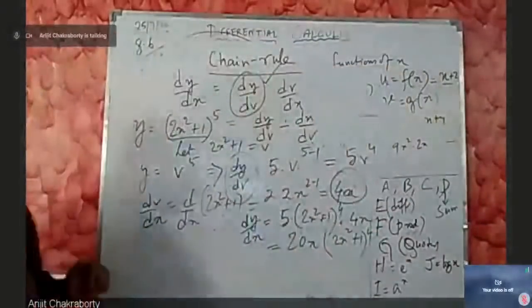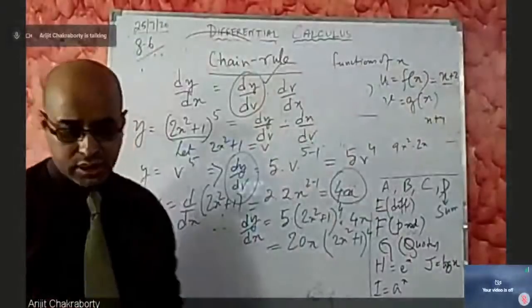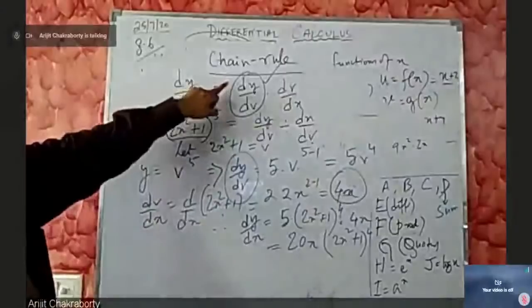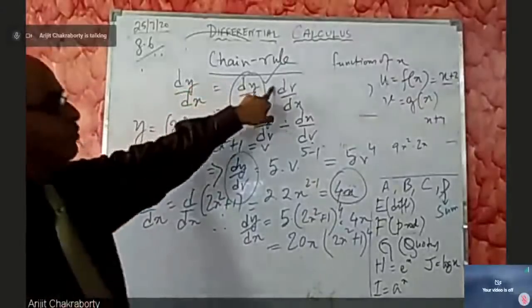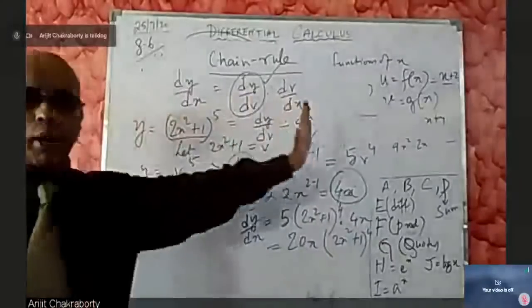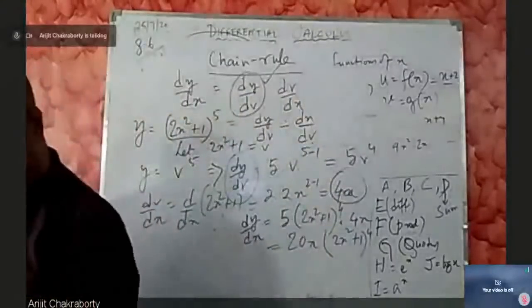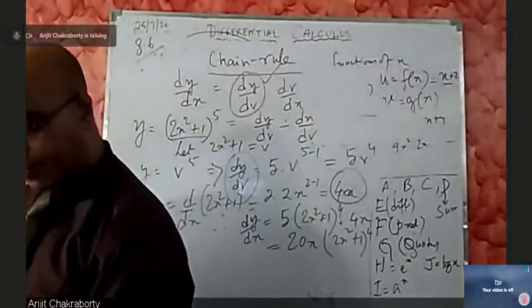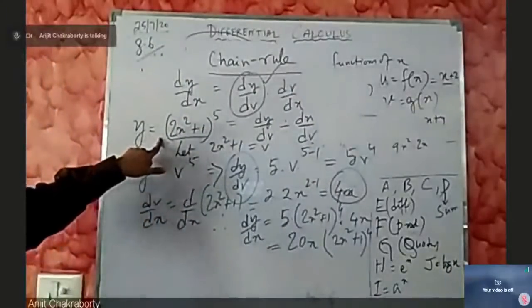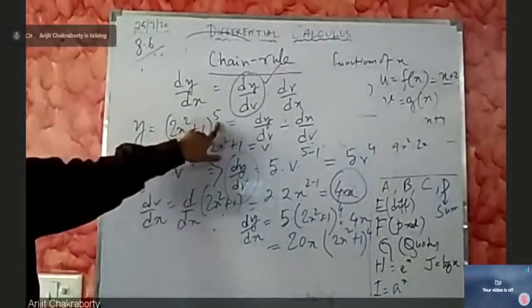The formula for chain rule of implicit functions is dy by dx is equal to dy by dv into dv by dx. So we break up dy by dx into two parts, dy by dv into dv by dx. What we have done is we have taken y equal to (2x square plus 1) to the power 5.